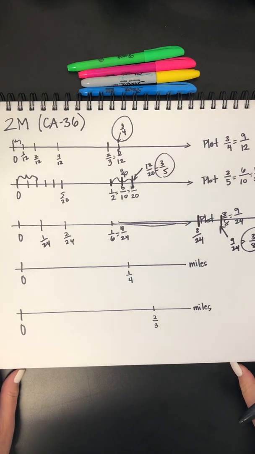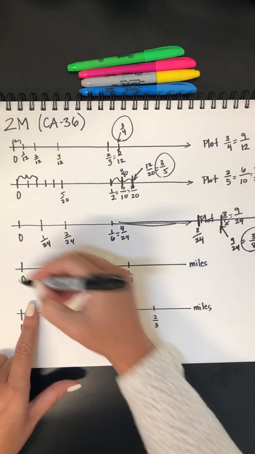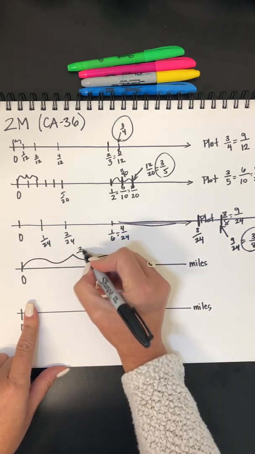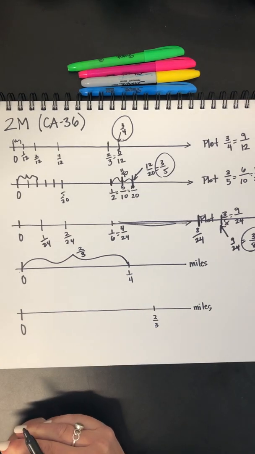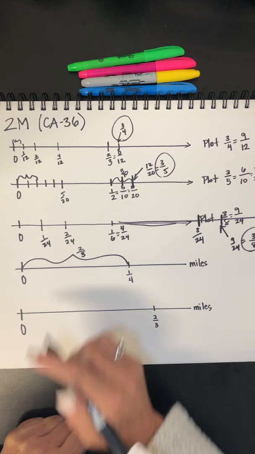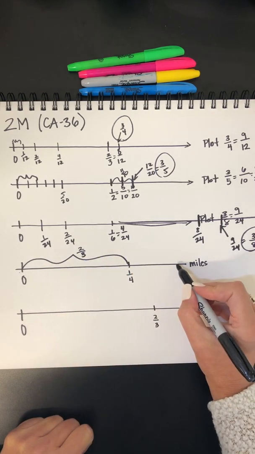So far, Sue has run 1/4 of a mile, but this 1/4 of a mile is, what is it? It's 2/3 of the total distance that she's going to run. So what we need to do is we need to figure out what 1 more third would be, right?